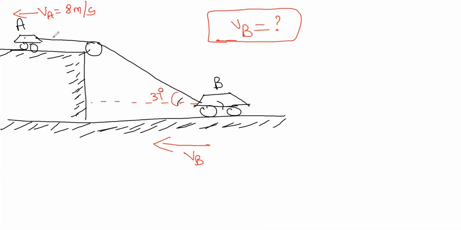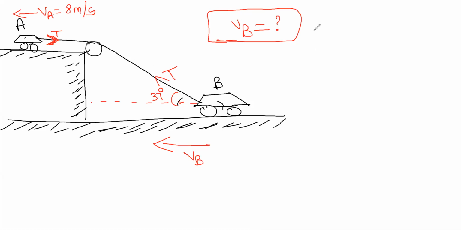It shall be T into 8. First, tell me the directions. T in this direction, right side, because tension is always away from the body. You have to take tension always away from the body. Here also tension on B is like this. Same string, so the tension is the same and away from the body.